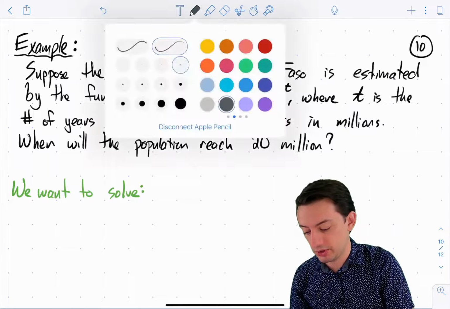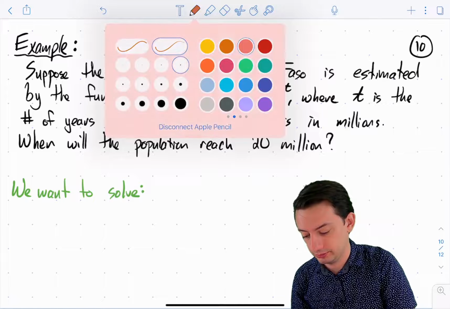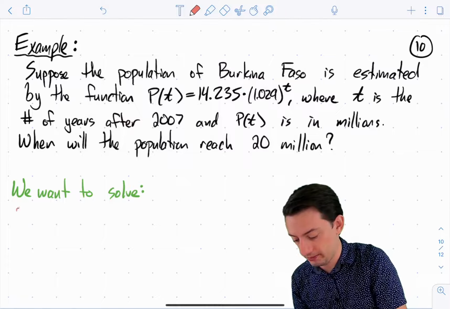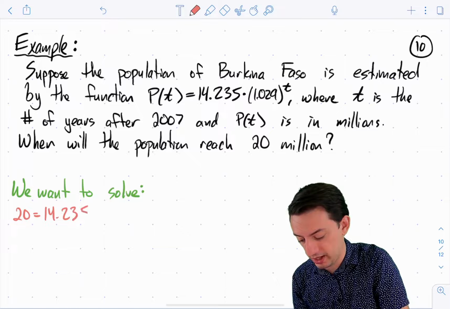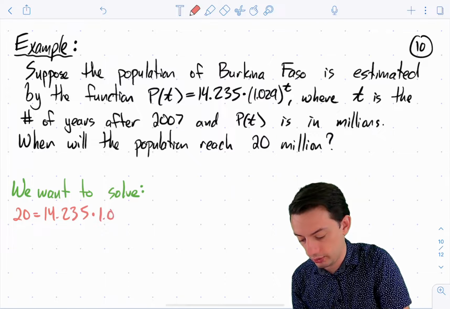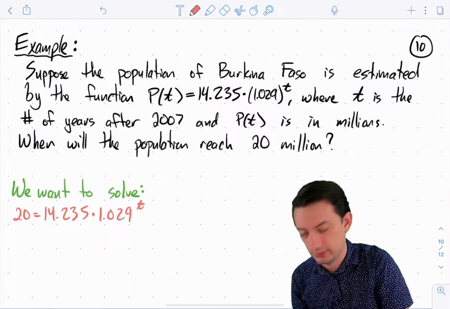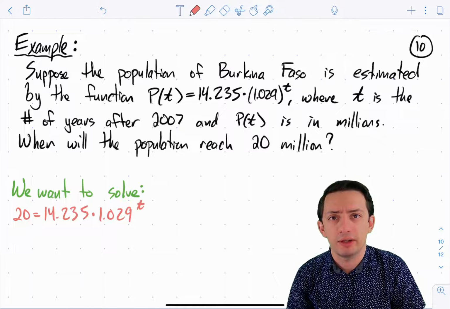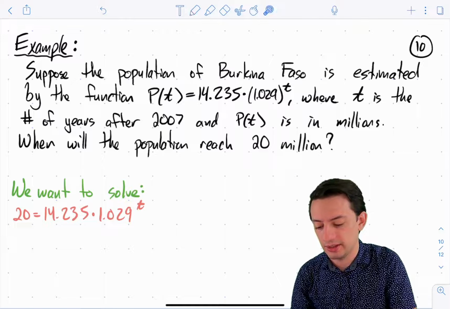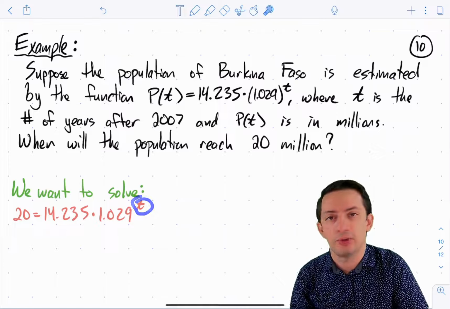So that means we want to solve the equation 20 equals 14.235 times 1.029 to the t. Now, whenever you're solving an equation, your goal is always to isolate the variable that you want to solve for.